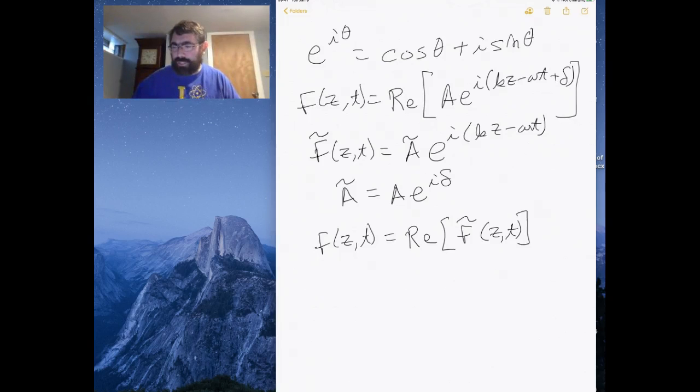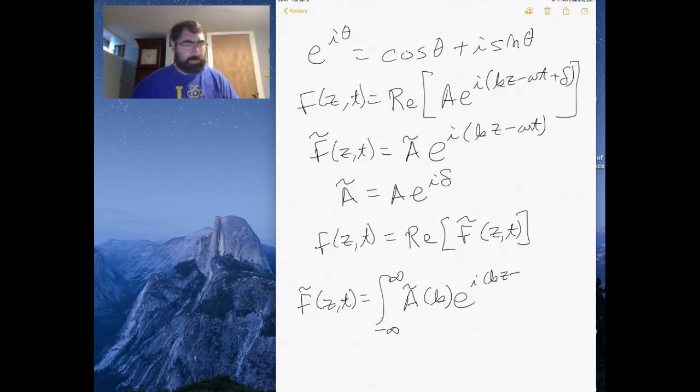So we could write down our complicated wave equation as the integral from minus infinity to infinity of the amplitude in the wave number space times e to the i kz minus omega t, integrating over the wave space.